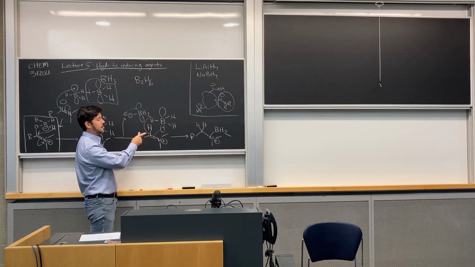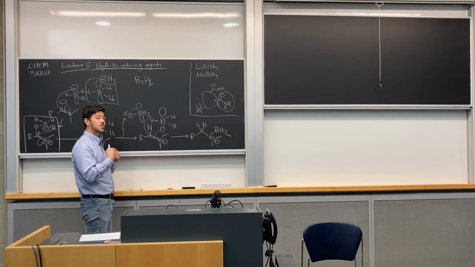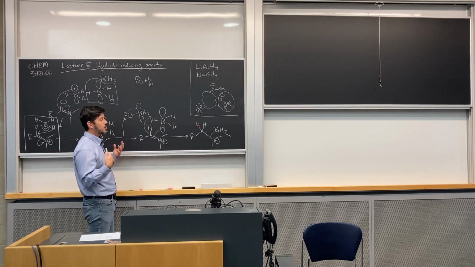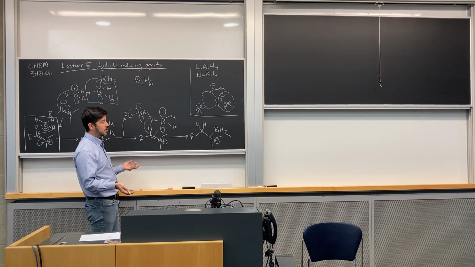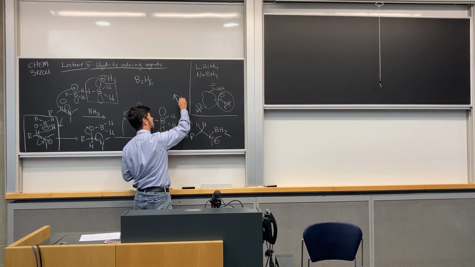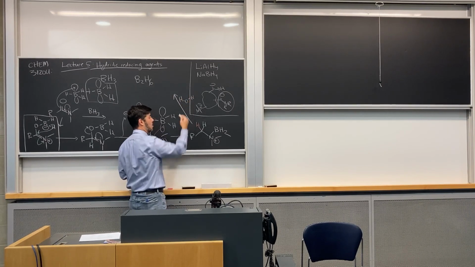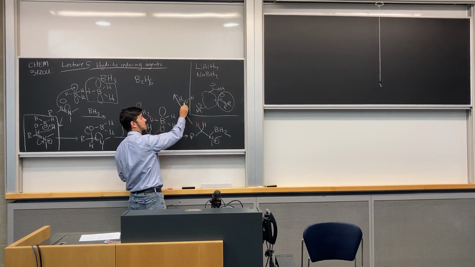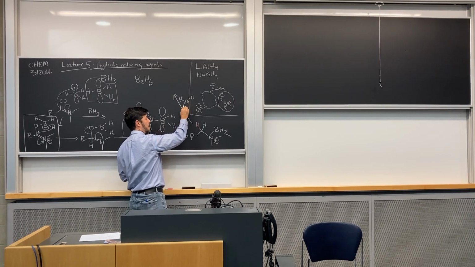So at the end of the day, this is going to remain in solution until you quench the reaction. When we quench the reaction, we're going to quench this with water. Water has those lone pairs.